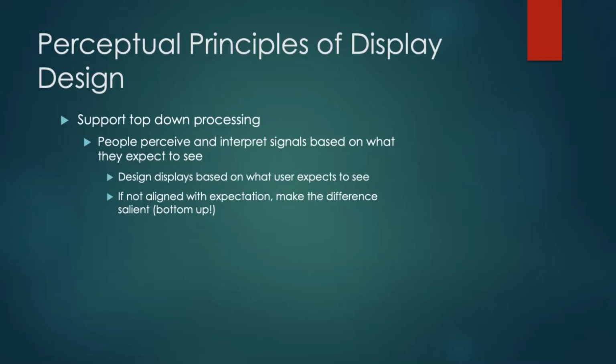So people are going to perceive and interpret signals based on what they expect to see. And if in your design, you're trying to include something that is not in that expectancy, that kind of mental model, then you got to maximize the bottom-up processing to make that salient.